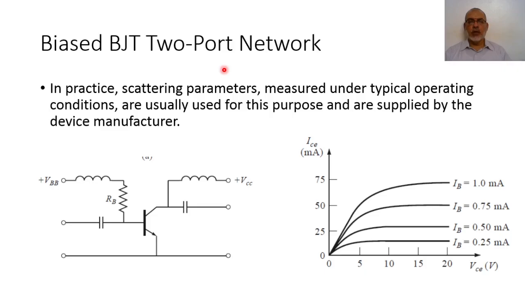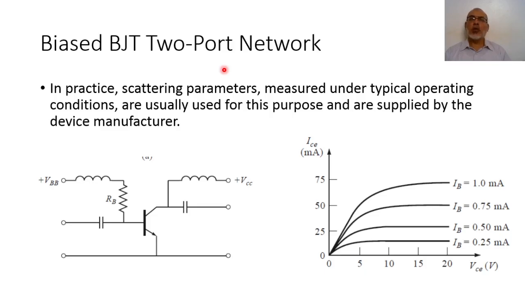In the previous video, we started discussing microwave transistors, and we started with the bipolar junction transistor. We discussed the pi model, and we said that the parameters of such pi model depend on the biasing and the load condition of the transistor.